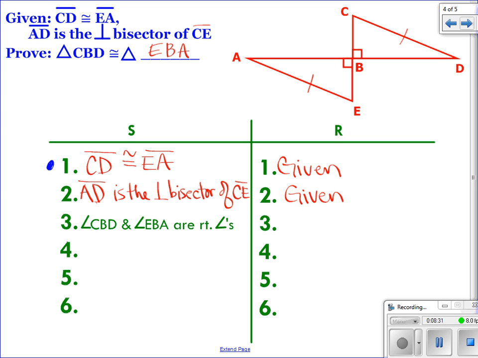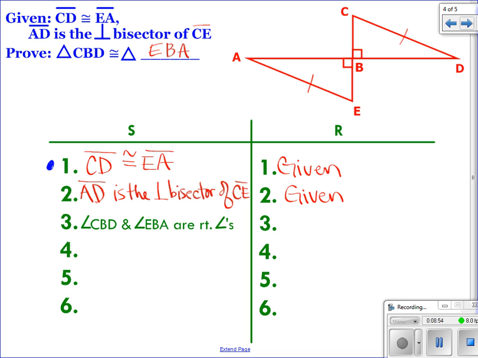Would you say KE is congruent to CB then, since they have that? We'll get to that. Right here, number 3, why was I able to say that those two angles that have the squares in them were right angles, looking at the step before that? What told us that?